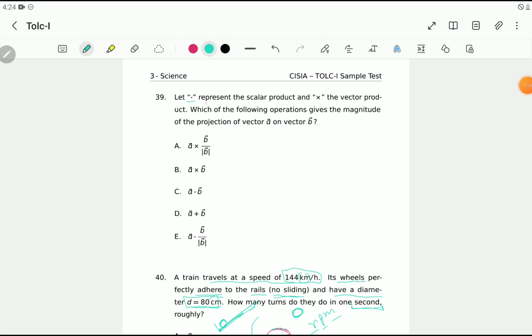Let dot represent the scalar product and X the vector product. Which of the following operations gives the magnitude of the projection of vector A on vector B? So for example, this is vector A and this is vector B, okay.